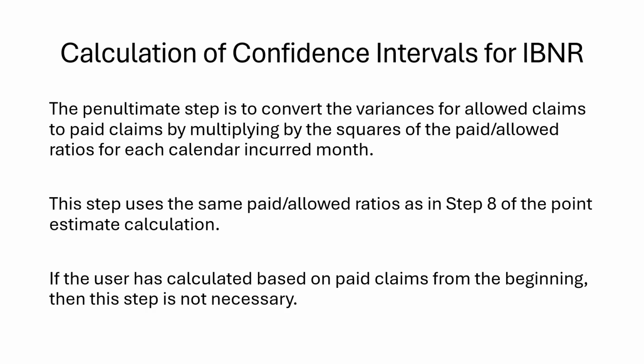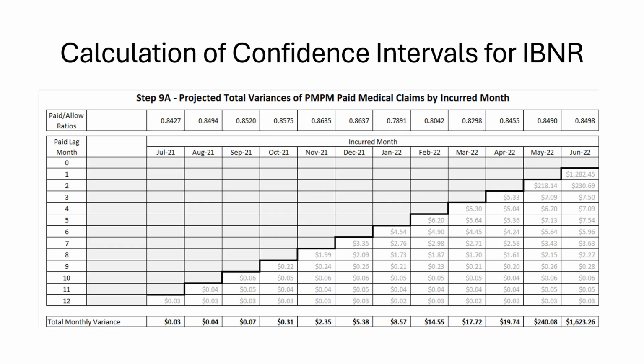If the IBNR is calculated based on paid claims from the beginning, then this step is not necessary. So in this example, the variance of total PMPM IBNR for March 2022 is $25.74 times 0.8298 squared, which is equal to $17.72.